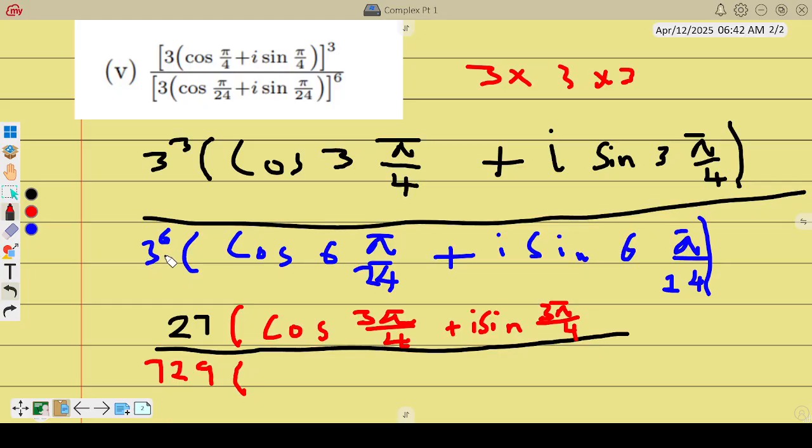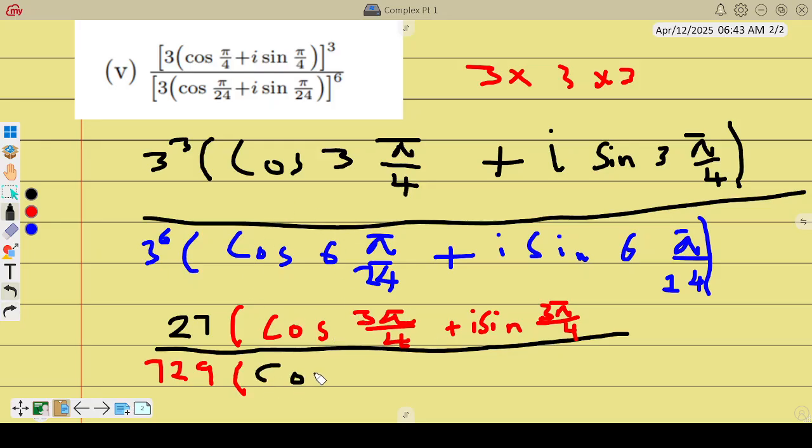This is the importance of practicing. You won't take so much time, but if it's the first time you are doing 3 power 6, you have to multiply 3 by 3 by 3 by 3, and then that's when you end up at 729. So practice and be familiar with these.